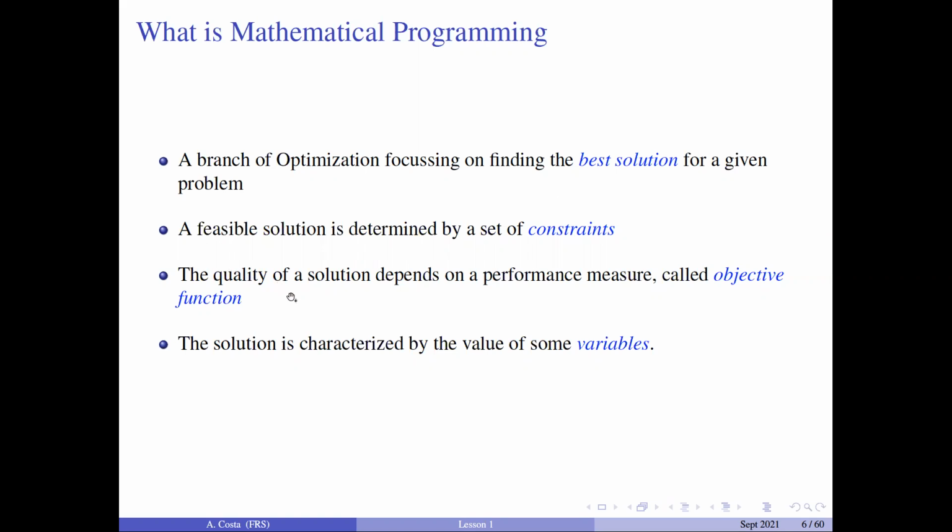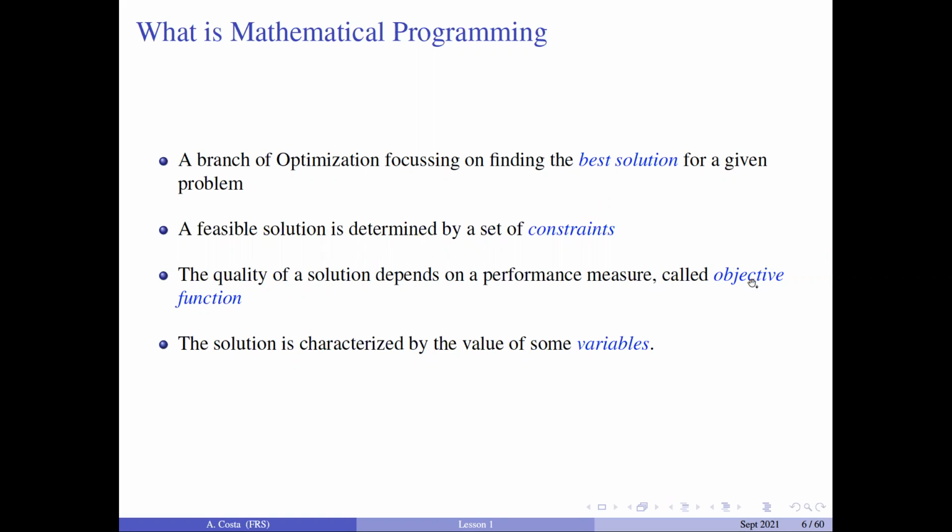So we have the constraints that are telling us what we can or cannot choose. Then, okay, out of all the possible solutions, the feasible solutions, we need to find the best one, right? Now, when I say best, it means that we need to have some way to tell what is the quality of one solution versus another one. And this is given by the objective function. So you can think of the objective function as a kind of performance measure where for each solution, there will be a score associated with the solution.